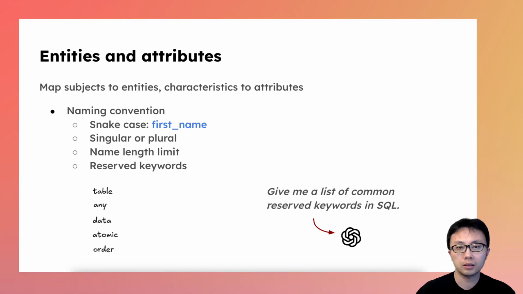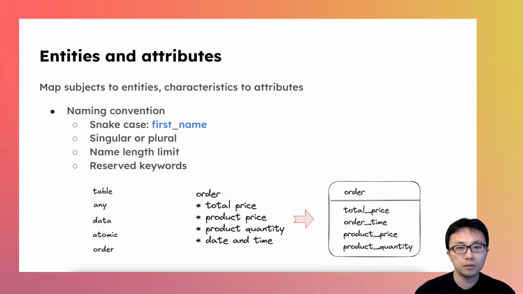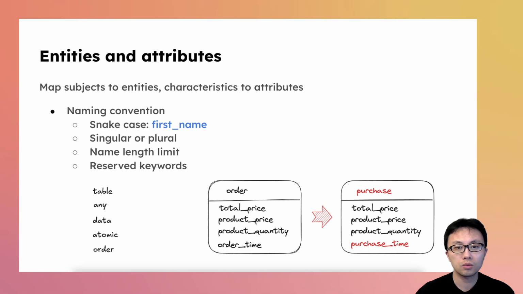Now you know that the reserved keywords need to be avoided. And we happen to have such a subject named order. If we were to stick to this name, we would be using a common reserved SQL keyword. This will lead to many problems, such as syntax errors in SQL query execution and maintainability problems. As a result, we will rename this entity as purchase.